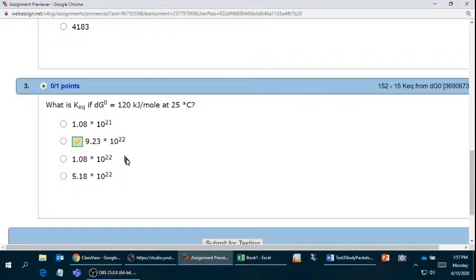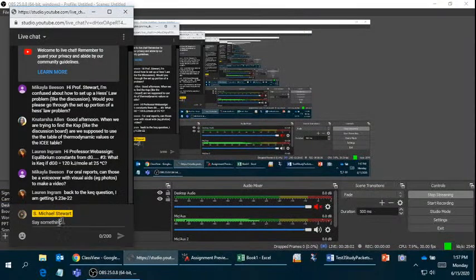I just think there's a typo in this key. Yeah, it looks like there's supposed to be negatives on all those answers, because if that's a positive delta G, that should be a tiny K. And I'll try to get that correct in the next day or two.